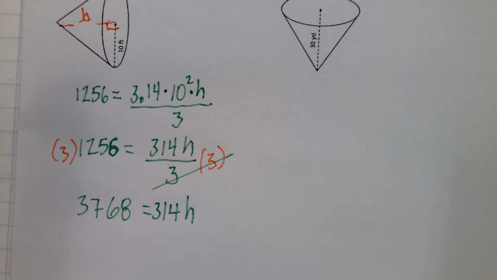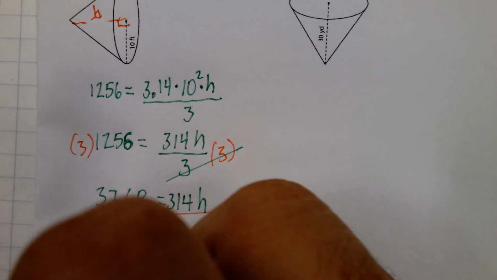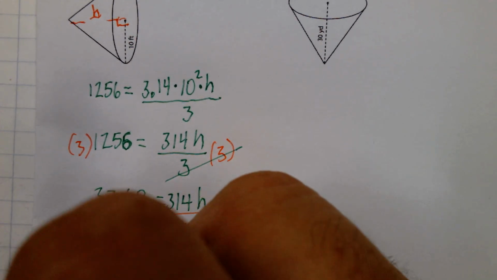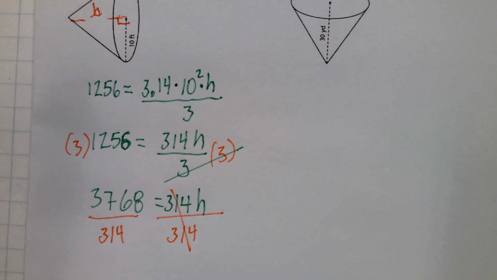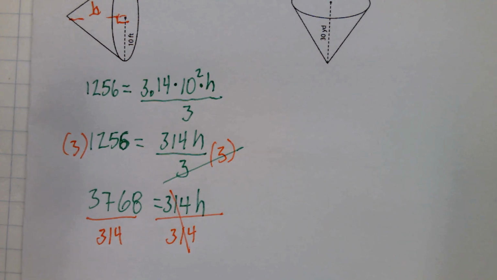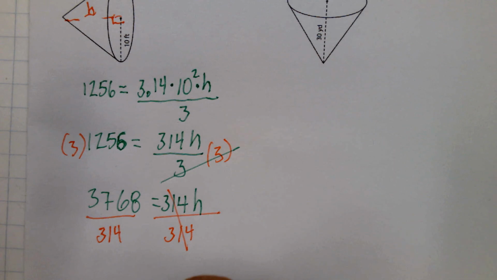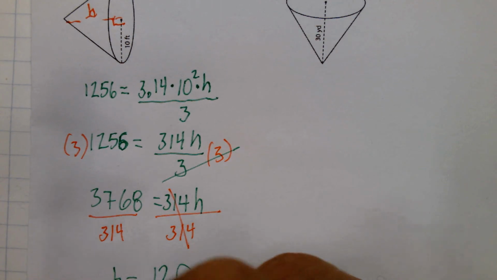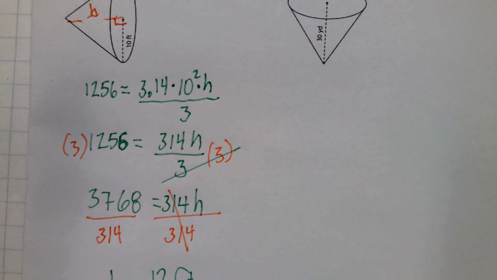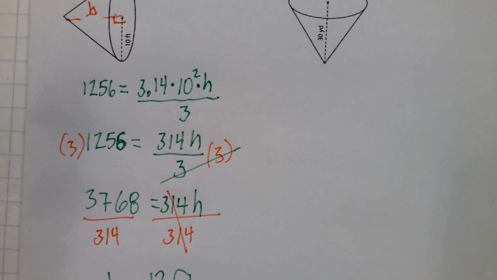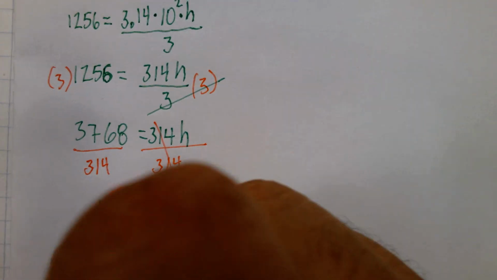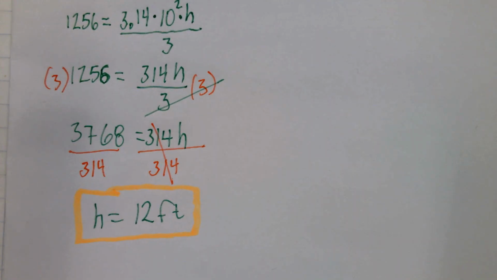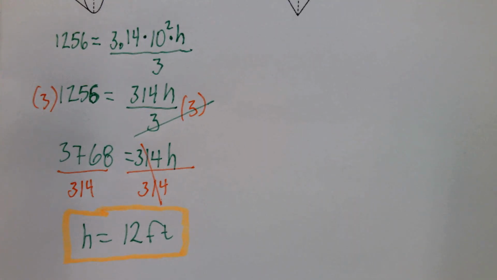And then just divide away 314. And the height turns out to be 12 feet. Okay. All right. Not too bad.